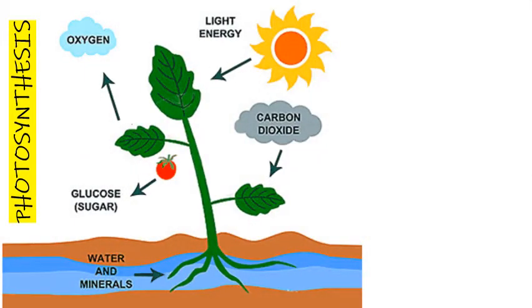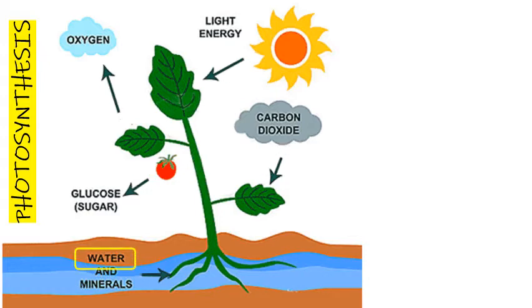Okay, what's photosynthesis again? It's the food making process that all green plants go through. To go through this process, plants absorb water from the soil using their roots. They take in carbon dioxide from the air through tiny openings found on the back of the leaves.